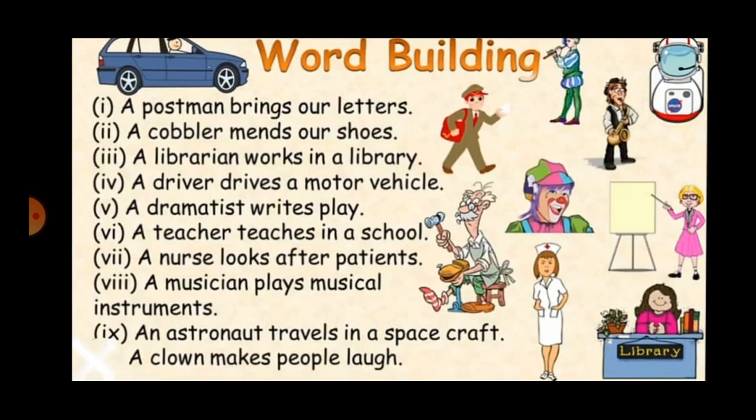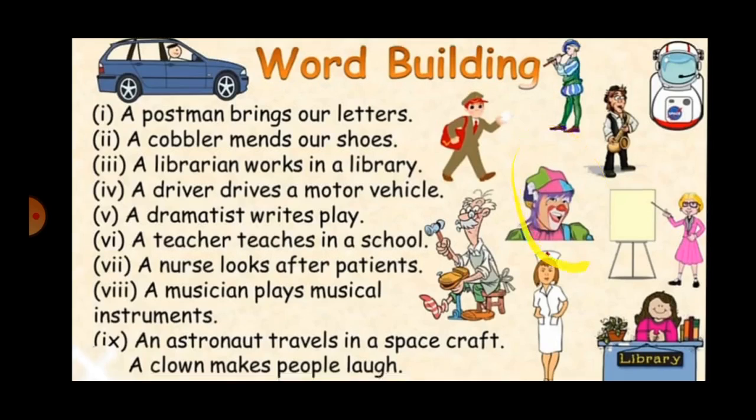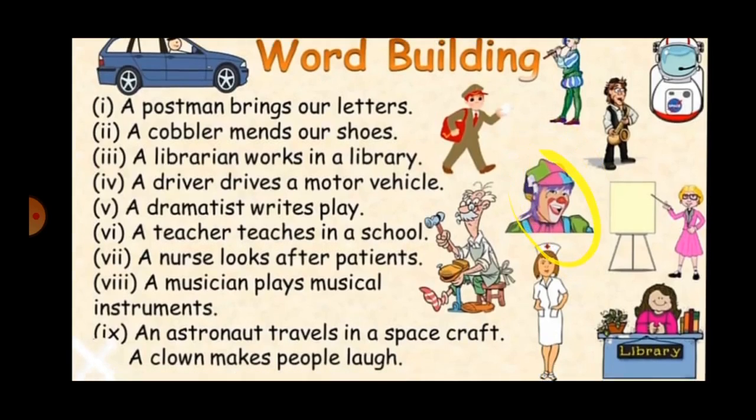And the last one is a clown makes people laugh. The clown used to make people laugh. So in this way, the word building by matching column A with column B, you have to write the complete sentence.